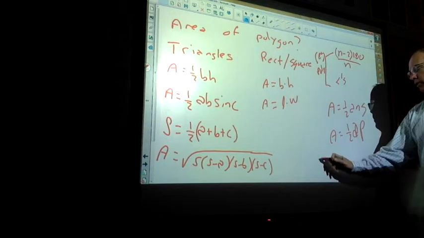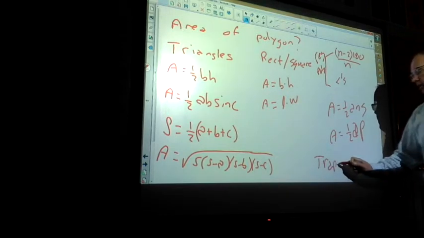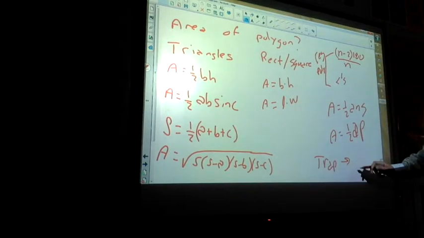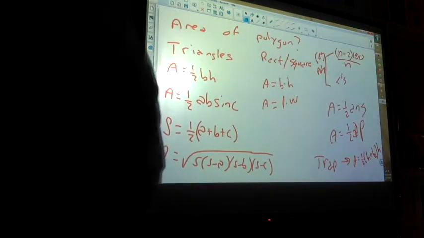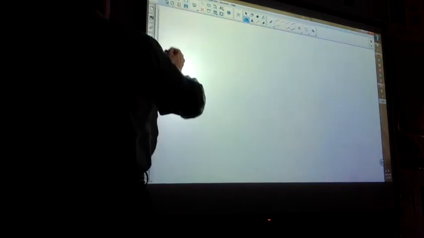You know trapezoids, right? In order to find the area, it would be 1/2 base 1 plus base 2 times the height, where the bases and the height are perpendicular to each other. The bases are parallel to each other. Okay? So, let's take a look at that one.